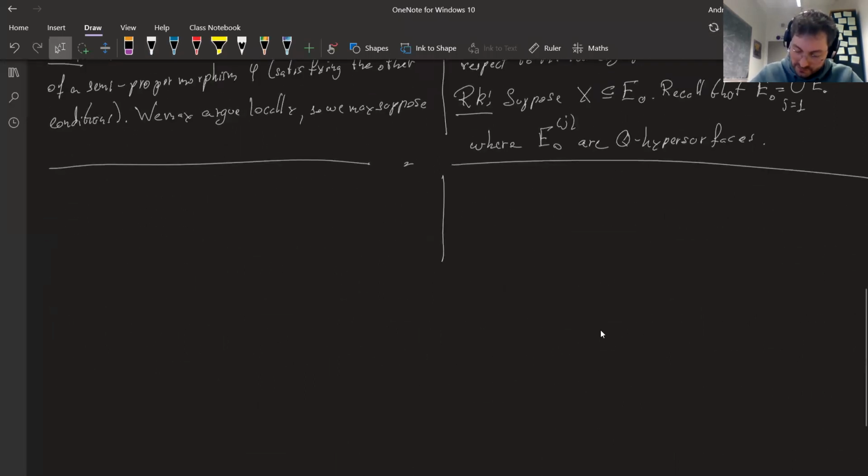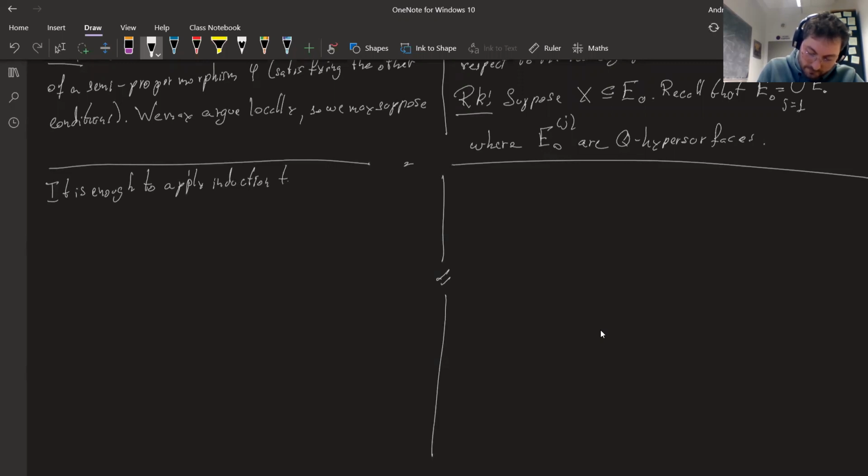So in particular, the dimension is smaller than the dimension of N. So it is enough to apply induction to E0J, X intersected with E0J for all J.